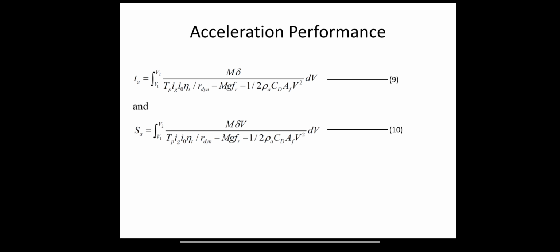The power plant torque Tp in equations 9 and 10 is a function of the speed of the power plant, and the speed of the power plant is in turn a function of the vehicle speed and the gear ratio of the transmission. So an analytical solution of equations 9 and 10 is not possible, and numerical methods are usually used to solve them.